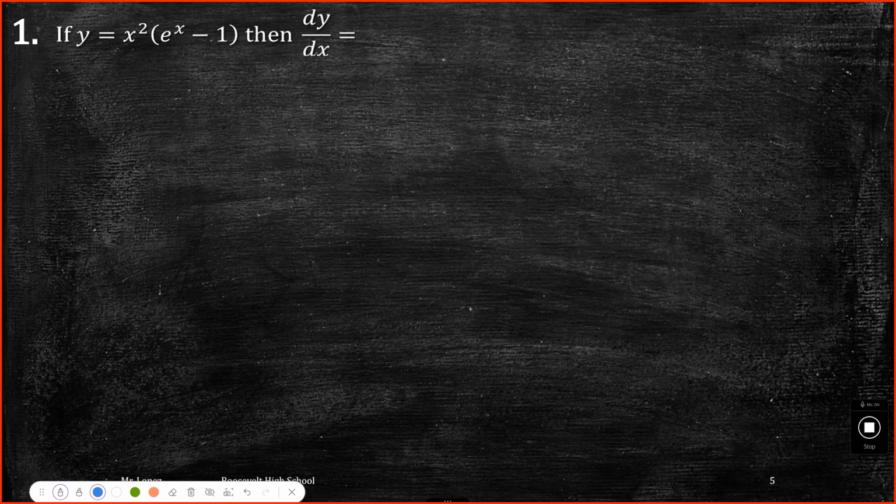Okay, you guys do it, and I'll just kind of do it. dy/dx will equal the first times the derivative of the second plus the second times the derivative of the first.